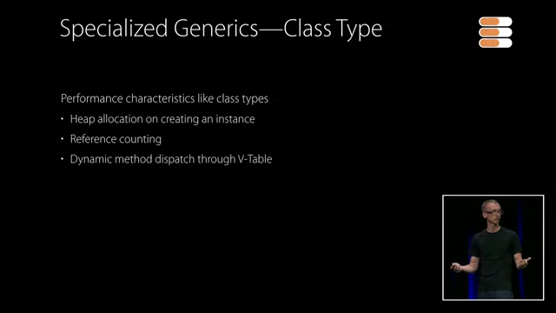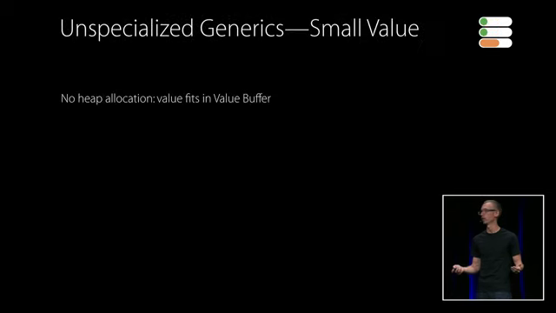Comparing this with class types, if we use class types, we get similar characteristics to classes, so heap allocation on creating the instance, reference counting for passing the value around, and dynamic dispatch via the vtable. Now let's look at unspecialized generic code containing small values.